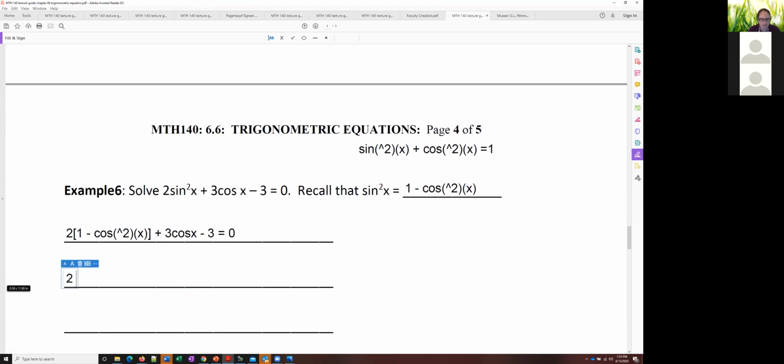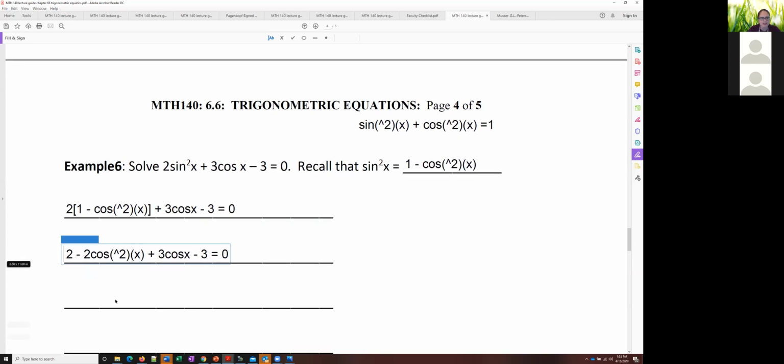So I have 2 minus 2 cosine squared of x plus 3 cosine x minus 3 equals 0. And I've got this 2 and I've got this minus 3. I can combine those together. So I have negative 2 cosine squared of x plus 3 cosine x minus 1 equals 0.